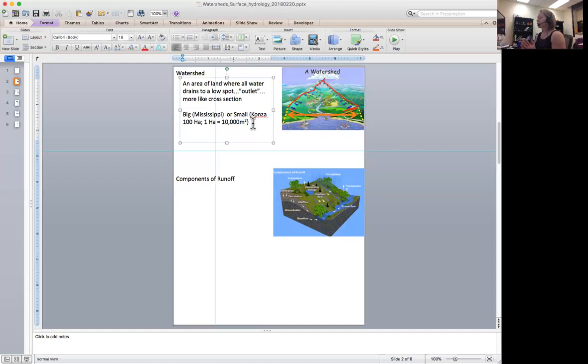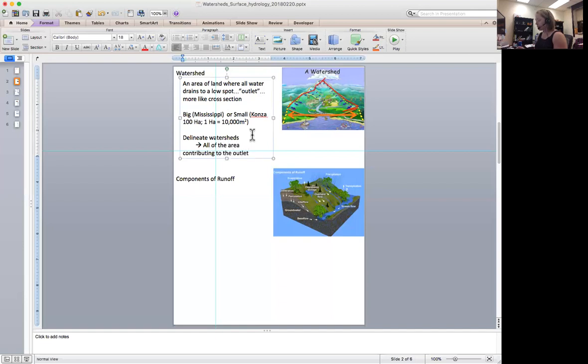So when we delineate watersheds, which is what you'll be doing in your homework this afternoon, the goal is to think about what is all of the area contributing to the outlet.